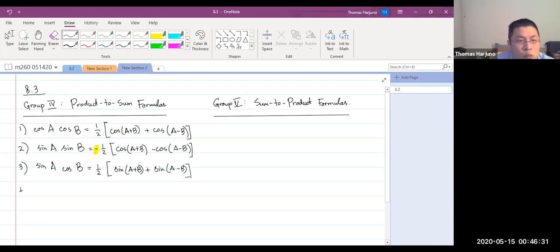And the last one is cosine A sine B equals 1/2 of sine sum minus sine difference.